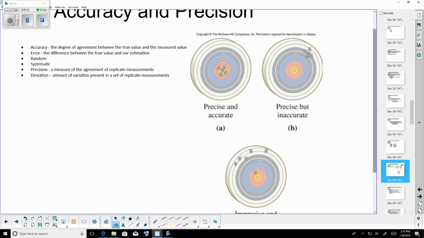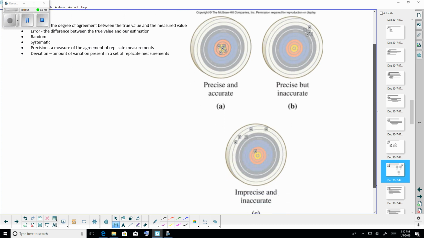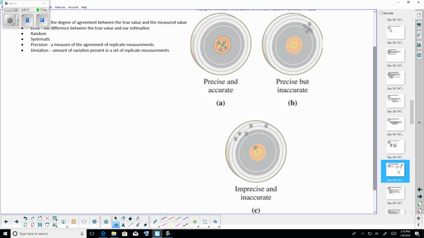B, we have good repeatability. All our 5 shots are close together, but we're not very accurate. We're far from the target. And the bottom one here, we're imprecise and inaccurate. We're all over the place.